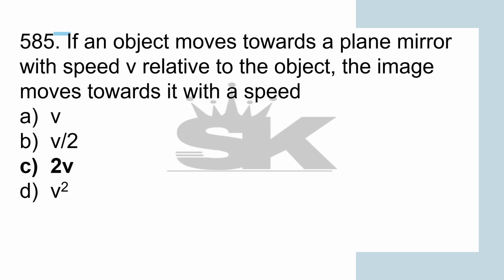The image will move towards the plane mirror with velocity v. Well, if you ask the velocity of the image relative to the object, then it would be 2v. It means that the object would experience that the image is moving towards it with 2 times the speed. Okay.